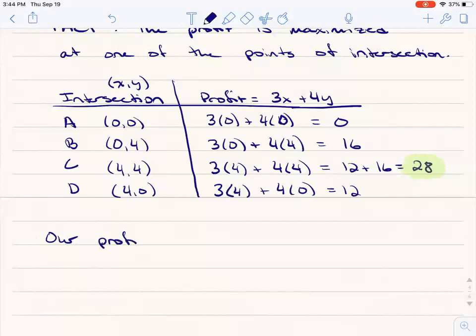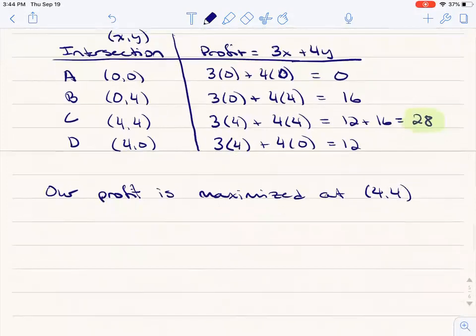Our profit is maximized at 4, 4 at a profit of 28.